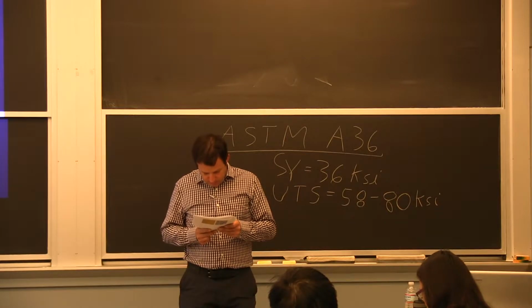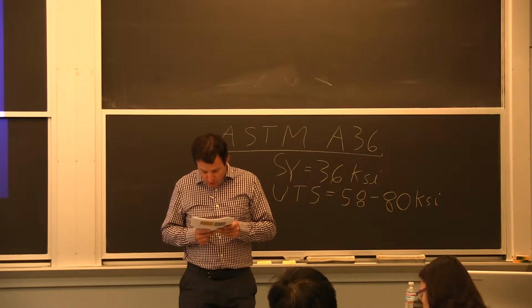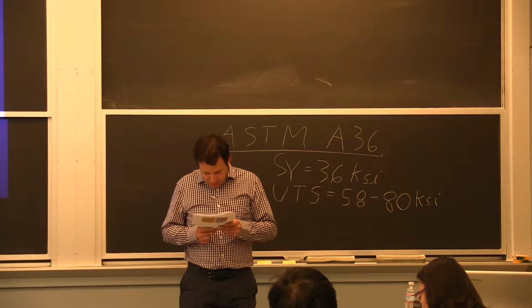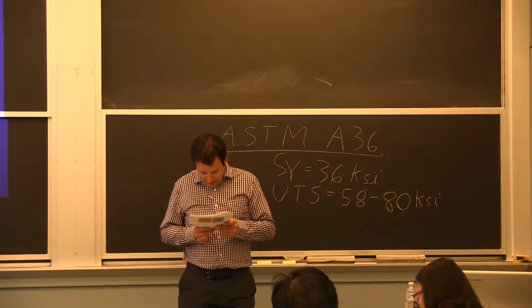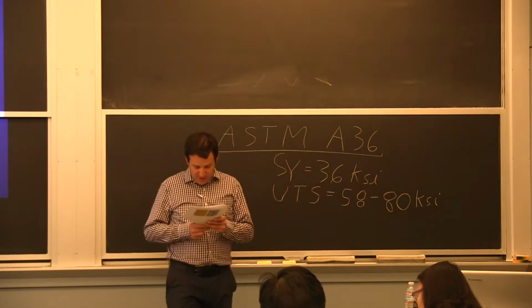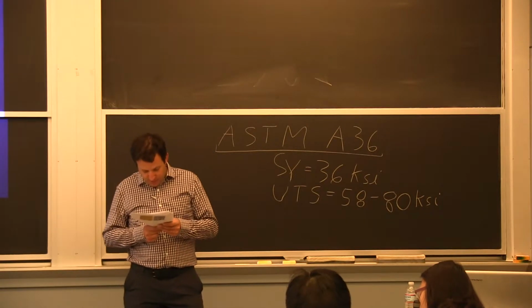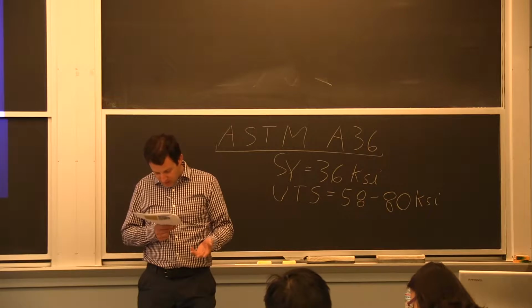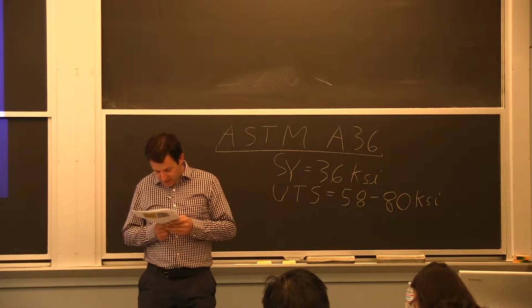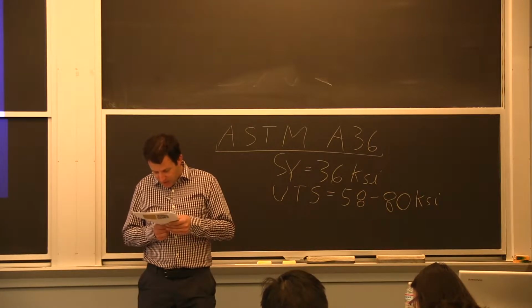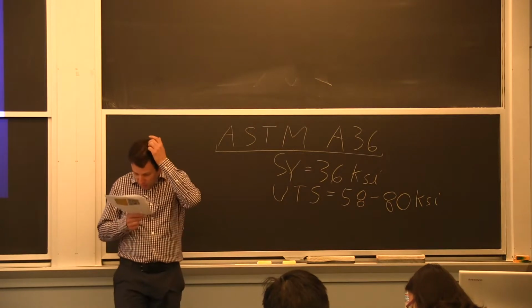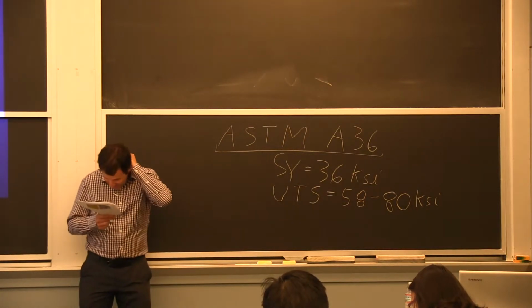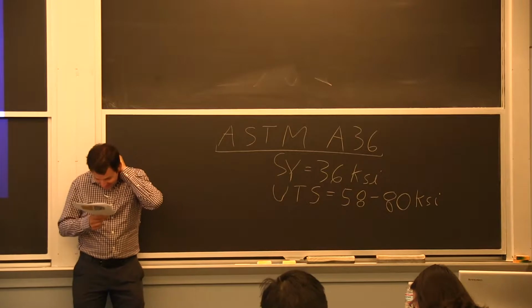It talks about some manganese requirement, but not for everything, only for plates. So if you look at the manganese percent for shapes, which would be an I-beam, it says you can have as much manganese as you want. But then there's a note at the bottom that tells you up to 1.35%.